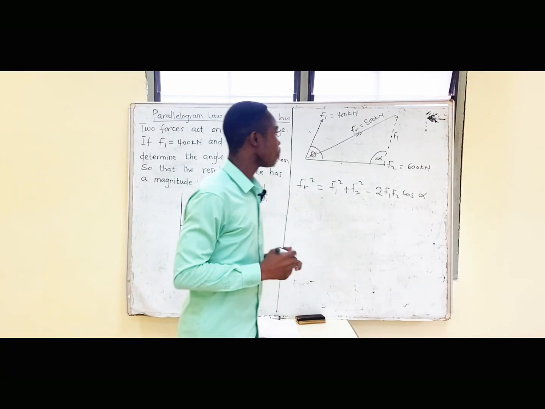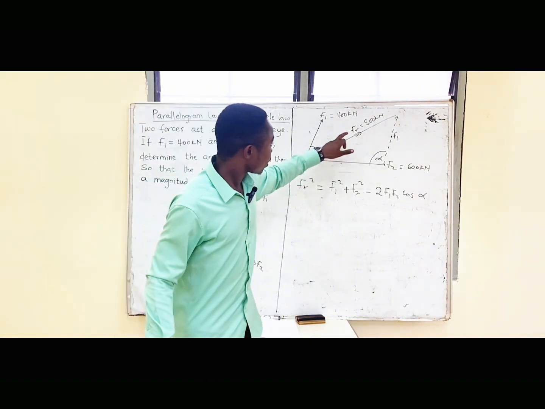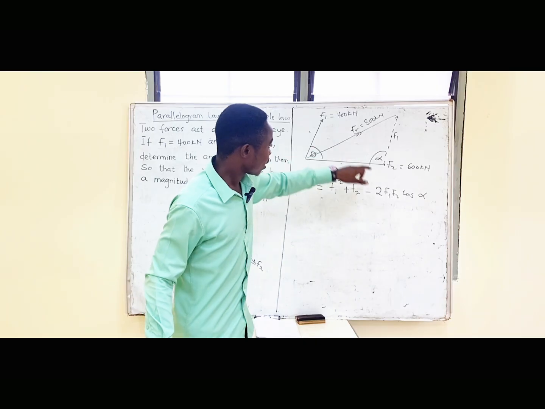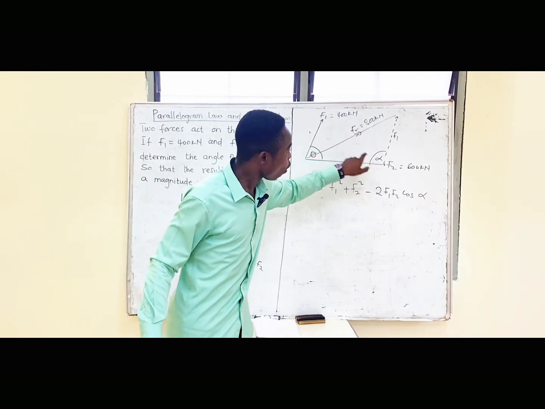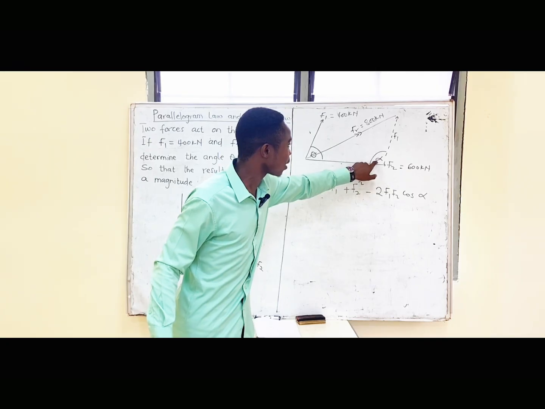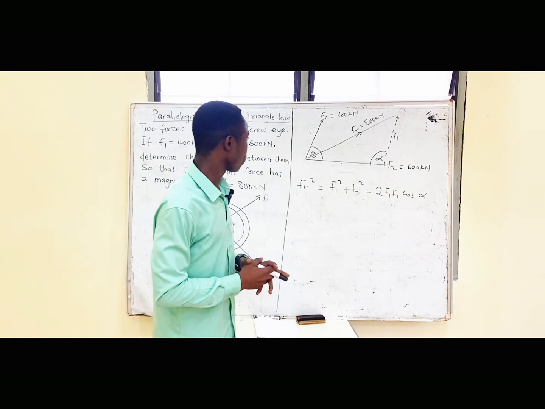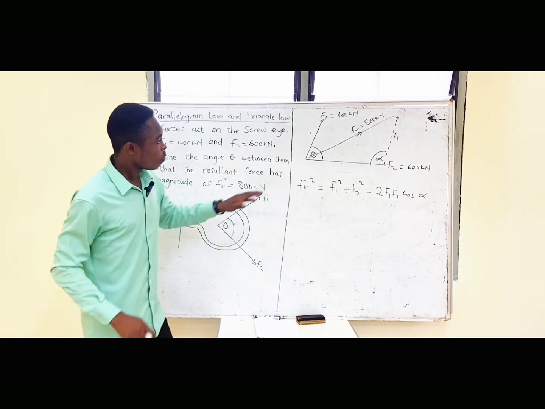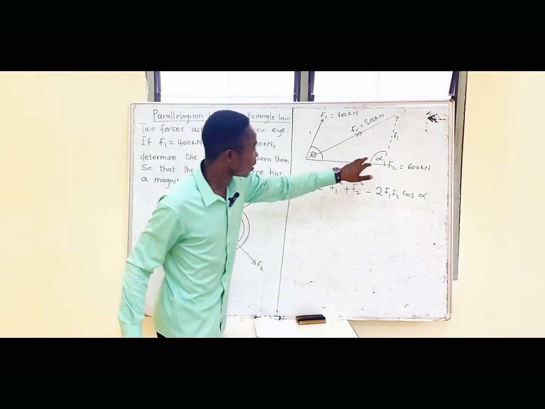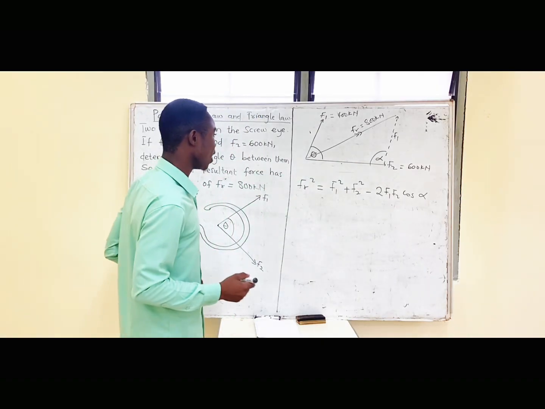Why alpha? Because if you are using the cosine rule, since this is the resultant, the angle here will be the angle opposite to the resultant. So the angle opposite to the resultant is what? Alpha. Please, are you with me? Good. Now let's see something. When we add theta and alpha, it will give us 180 degrees.